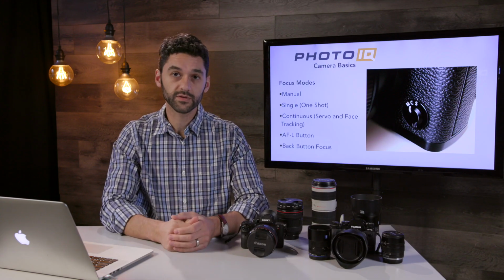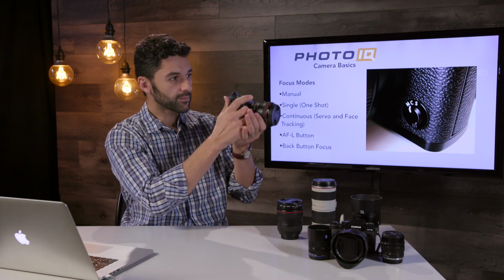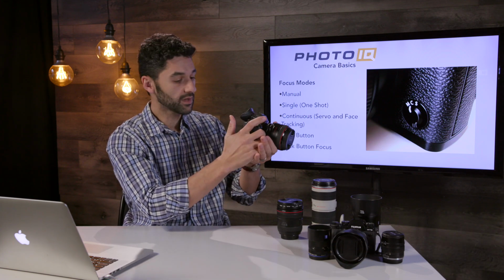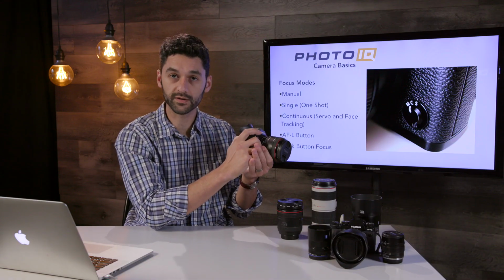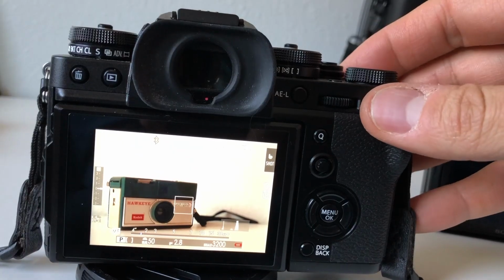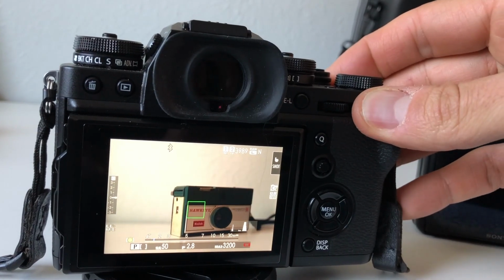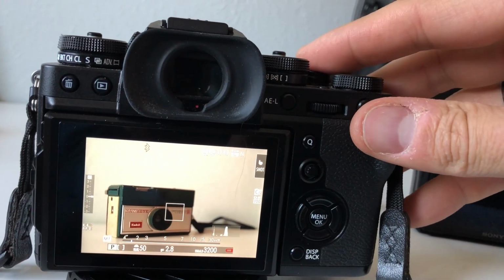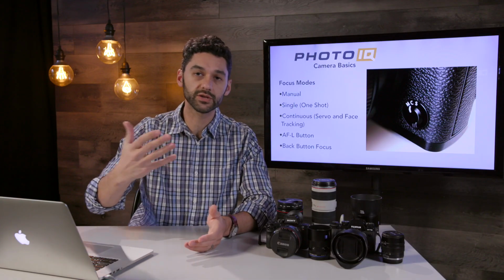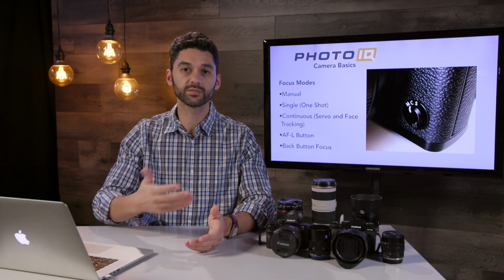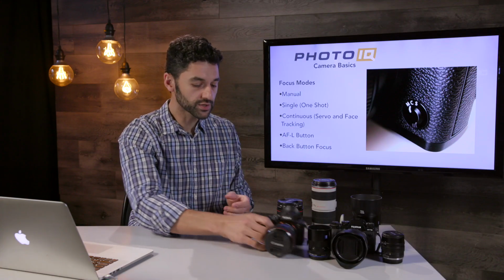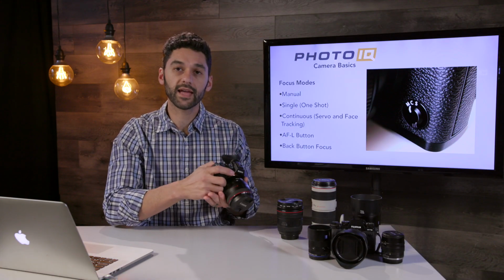So then what you're able to do is put your autofocus point, even if it's a center point, on your subject, press your autofocus lock button, it will focus on the subject, recompose, and then take your picture. The button will continue to do the same thing no matter what mode you're in. So even if you're in continuous mode, which means that the camera is going to continually hunt for focus as your subject moves further and closer to the camera, you can just hold the AFL button down.